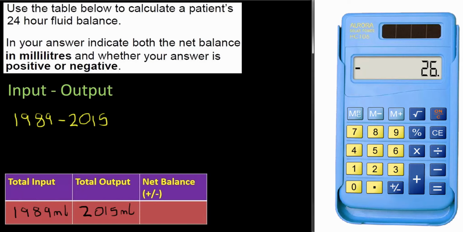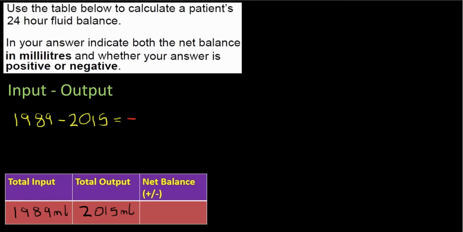So it equals negative, I'm going to use VE because that's quite a common convention, negative 26 millilitres. I'll write my answer into the answer box, negative 26 millilitres. And now I'm going to check by hand.